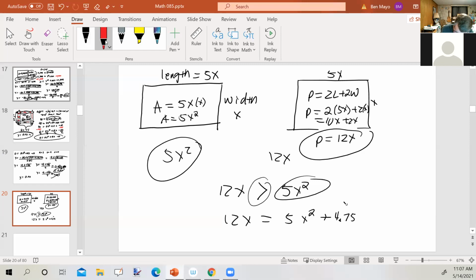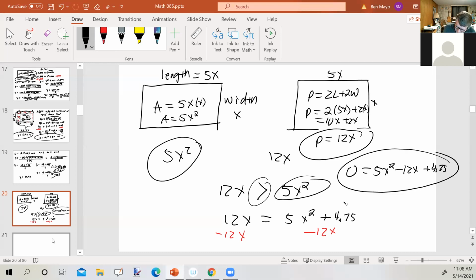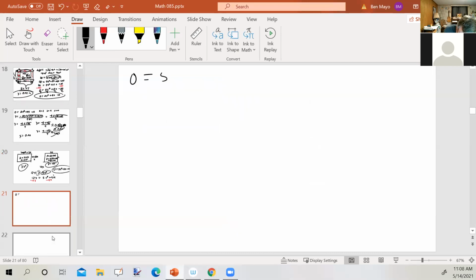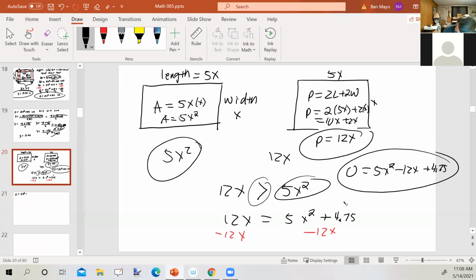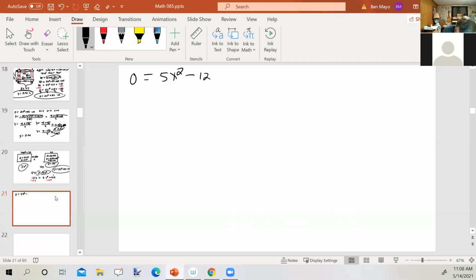So now we're going to subtract 12x from both sides, and we're going to get 0 equals 5x squared minus 12x plus 4.75. I'm going to take that and write it on the next page. 0 equals 5x squared minus 12x plus 4.75.